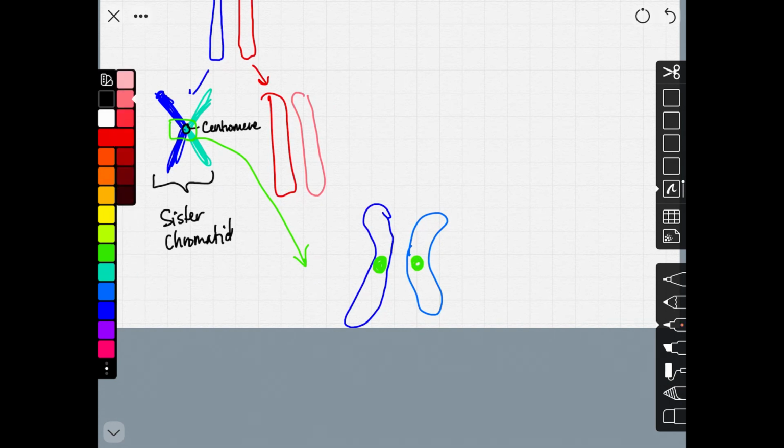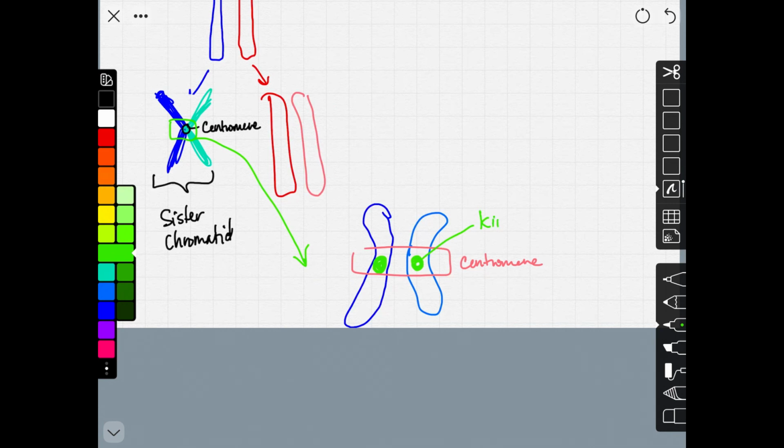So here is the centromere, and these focal points are called the kinetochore. And I am really not spelling that right. Let's try that again. There we go, kinetochore.